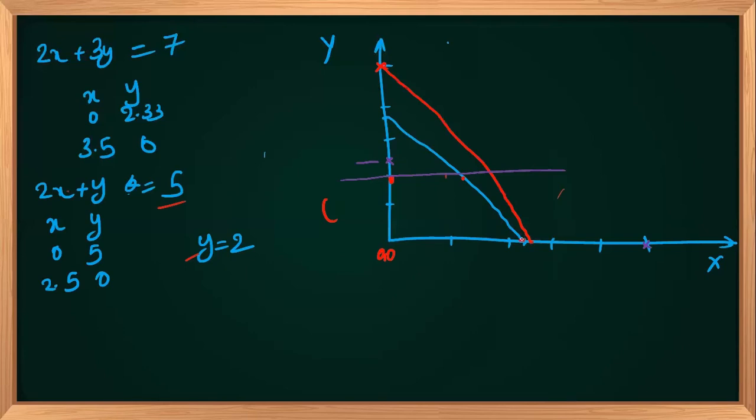So only 2 function evaluation we have to have, right? 2.33, 3.5, right?